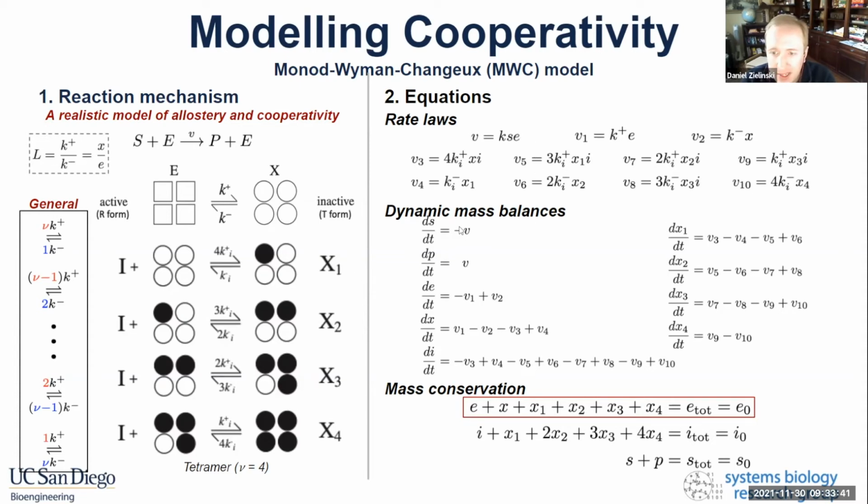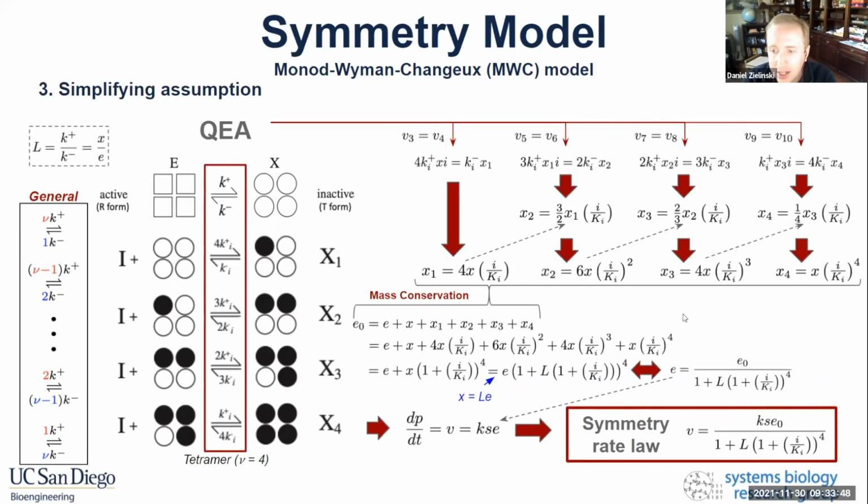And we can go through the same kind of procedure we went through with the Michaelis-Menten, deriving the mass balances in our conservation equations. And we can get a rate law that accounts for symmetry now that looks like Michaelis-Menten, but has a couple additional parameters. One is this L, which is the inherent favorability. It's the KEQ for the transition between R and T with nothing there.